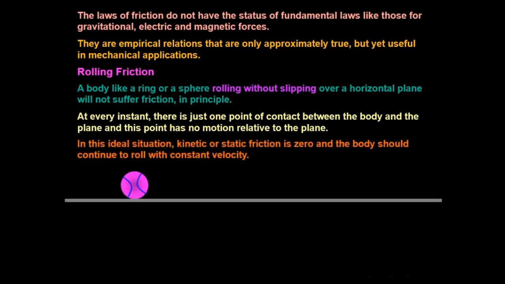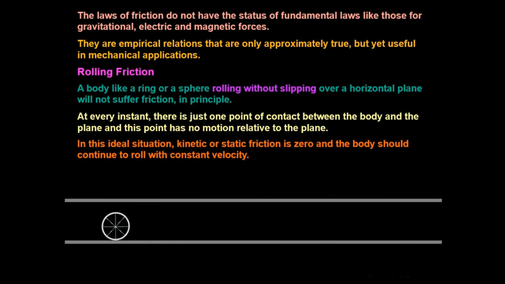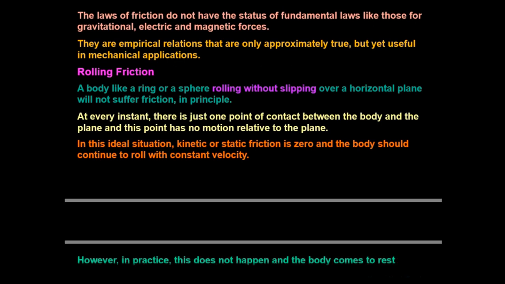You can see it here as the ball or the wheel rolls over. So in the ideal situation, kinetic or static friction is 0 and the body should continue to roll with constant velocity. However, in practice this does not happen and the body comes to rest eventually.